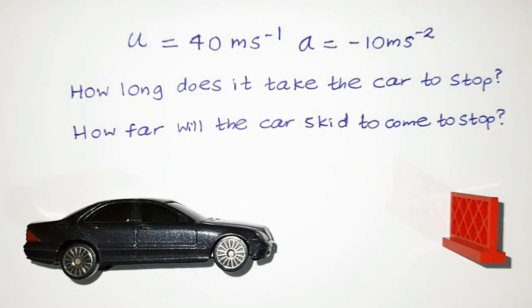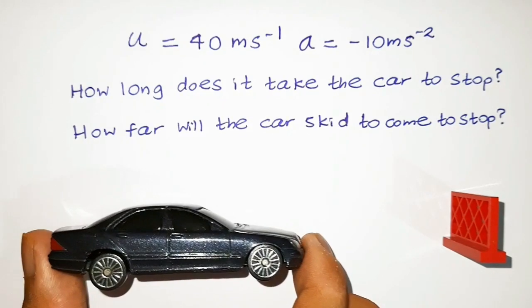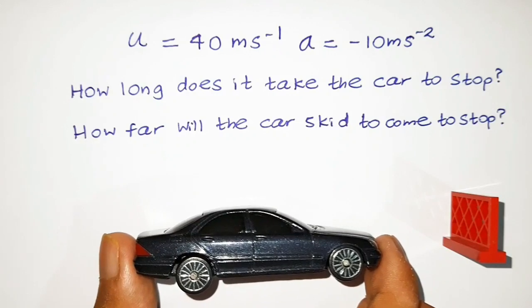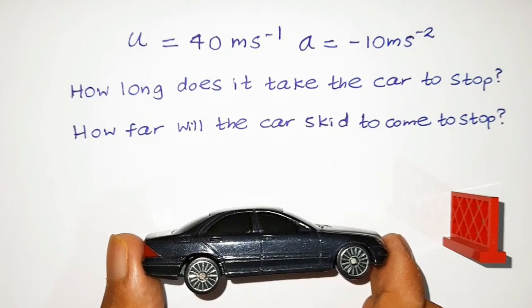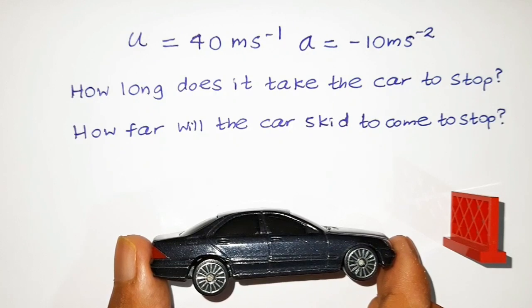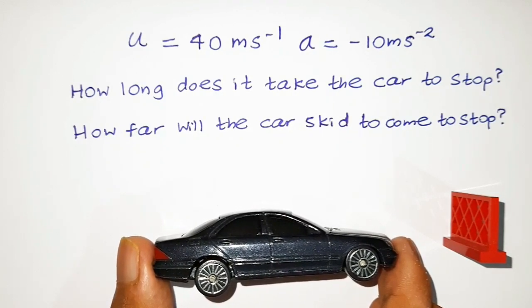Let us look at another example for better understanding. Assume a car is traveling at an initial velocity of 40 meters per second in this direction, and it sees a barrier far away from it. So it applies brakes, and the acceleration is minus 10 meters per second squared, which means the acceleration is opposite in direction, which is a deceleration.